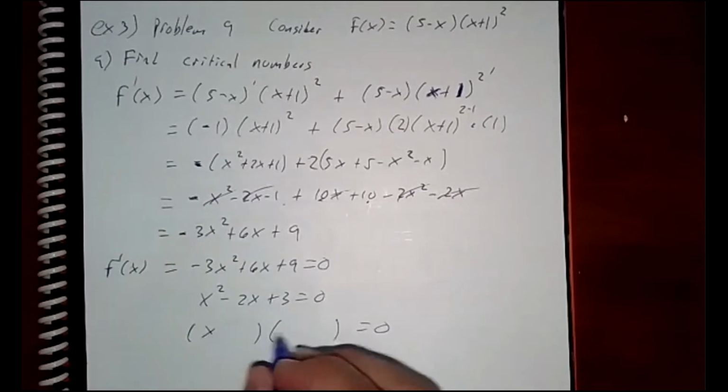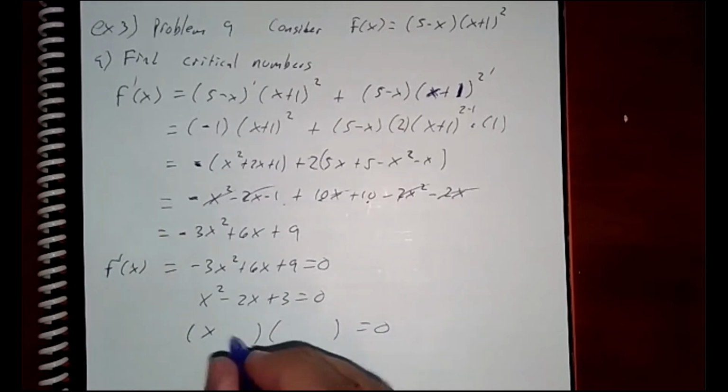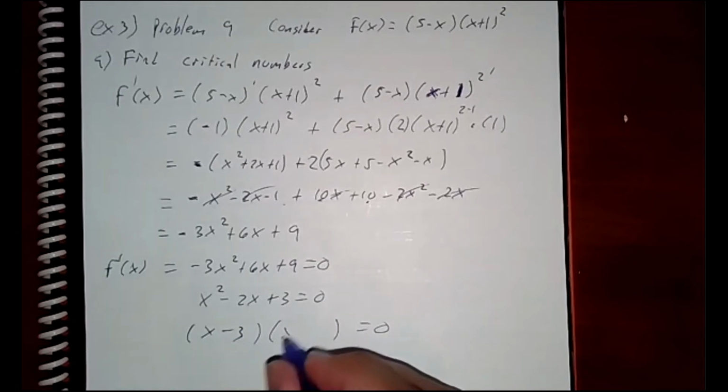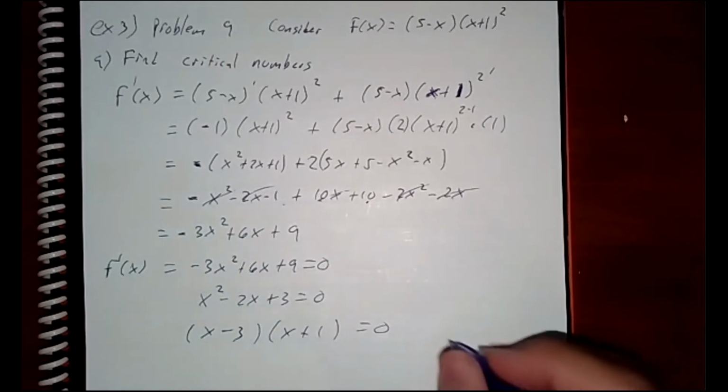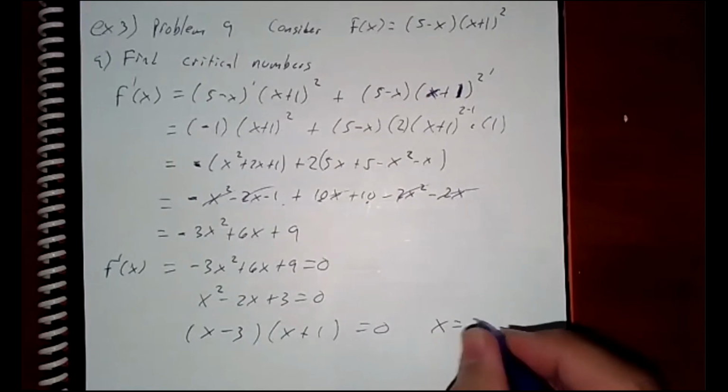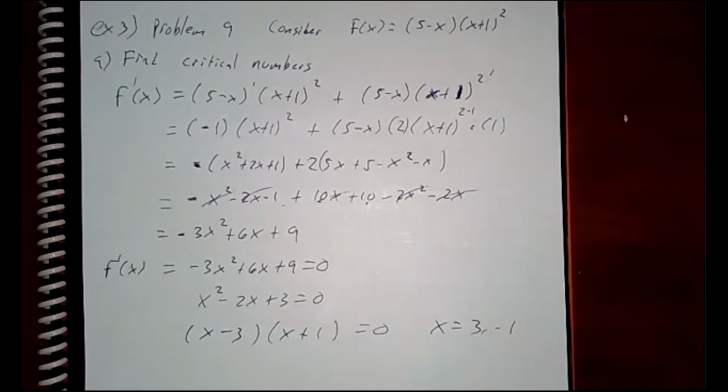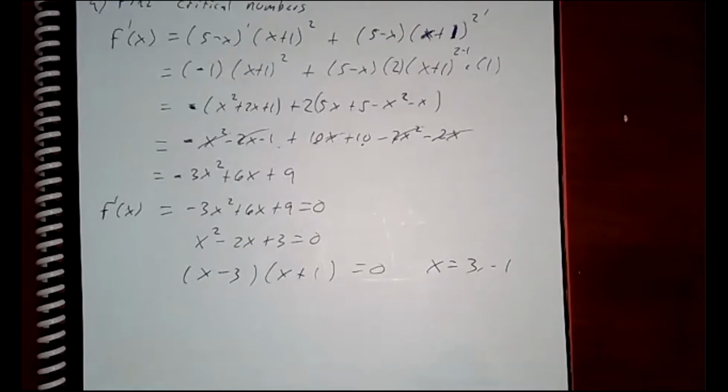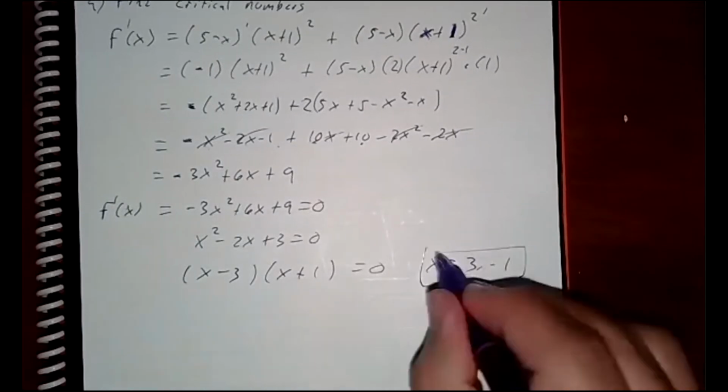So that'd be x, factor that, it will be x minus 3 times x plus 1. So the critical numbers are 3 and -1. So we have 2 critical numbers. So this will be part A right here.